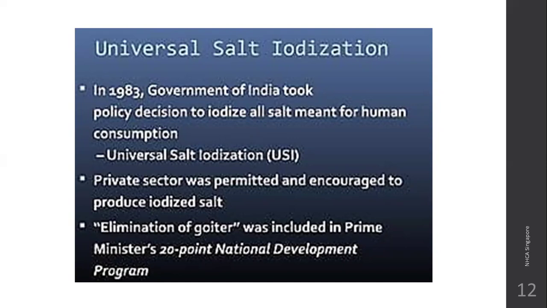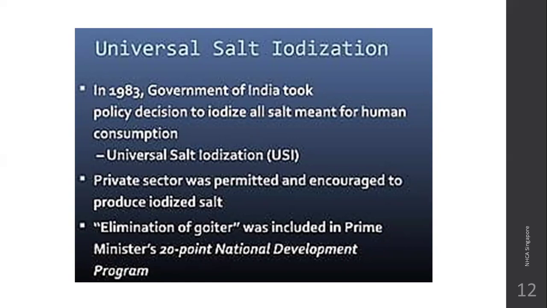And in those days, in the 1980s, the main target was to eliminate goiter. It was included in the Prime Minister's 20-point National Development Program as well, to remove goiter once and for all from India. So universal iodization helps in that.